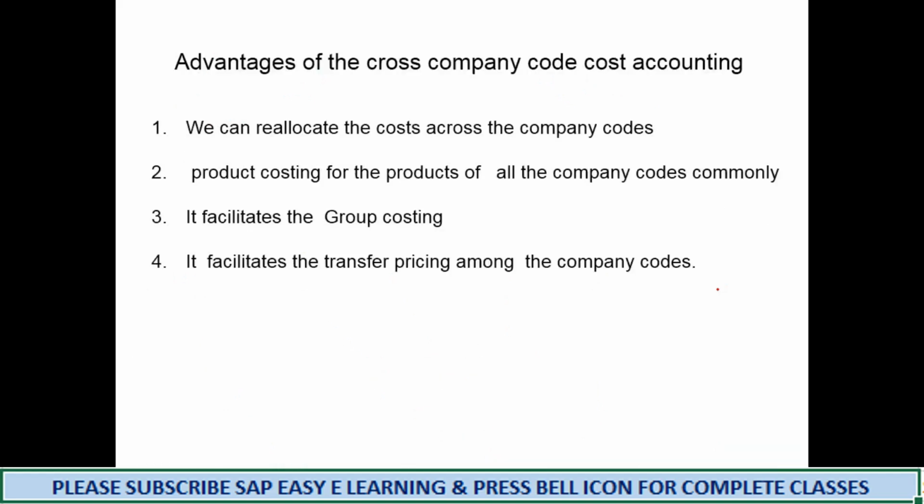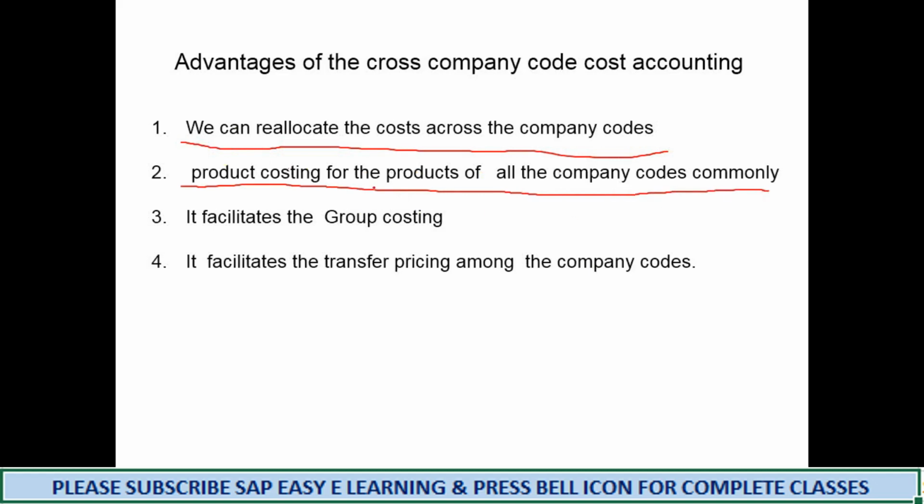So what are the other advantages of cross company code cost accounting? We can reallocate the costs across the company codes, meaning you can transfer the expenses from one company code to another company code. Product costing for the products of all the company codes commonly.